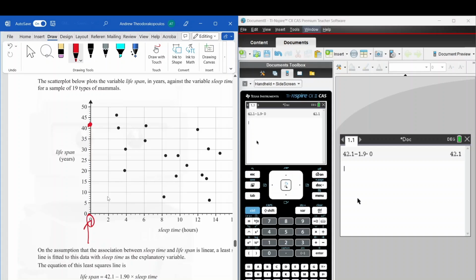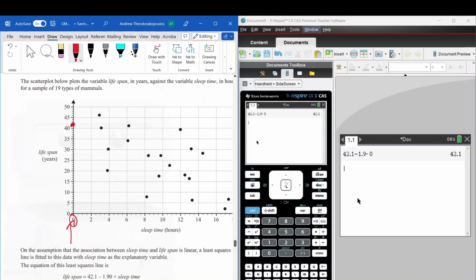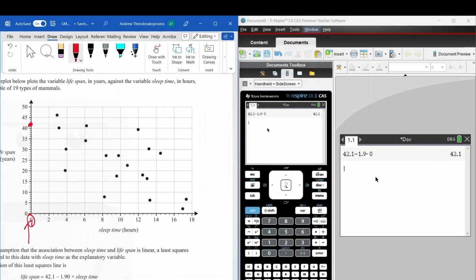So put a dot there, and then grab the rightmost number, which is 18, and put it in the same equation. So 42.1 take away 1.9 times 18. That should get you 7.9. So here, 7.9 should be about here. Once you've got those two points, you can just connect the line.